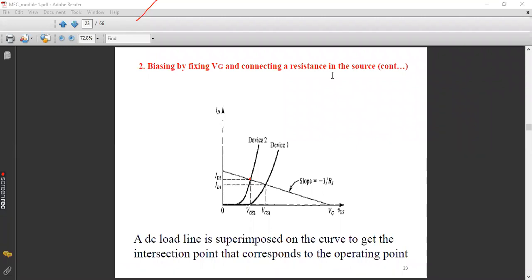The question is, you are going to fix a point in the x-axis. So what will be the corresponding value of y-axis? Actually, what is plotted in y-axis? It is the drain current. So we have to fix a value for drain current so as to get a feasible point in x-axis. So what is the drain current value?